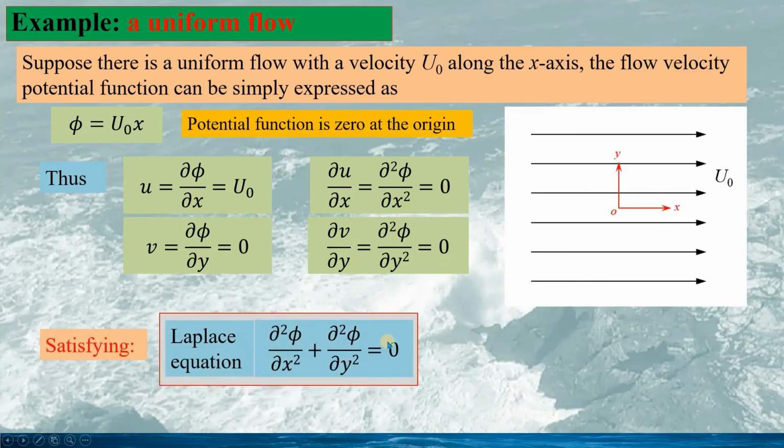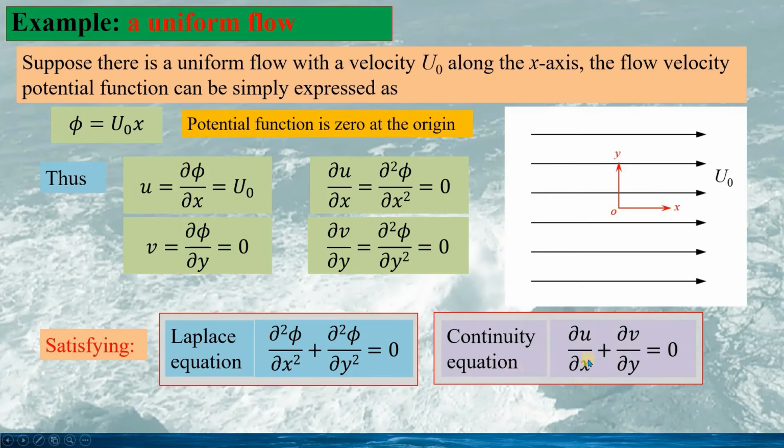Thus, we can see the uniform flow satisfies the Laplace equation. If we put these two terms together, you can see it is 0. And it also satisfies the continuity equation. If we put this together, it is 0. In fact, the Laplace equation is derived from the continuity equation.